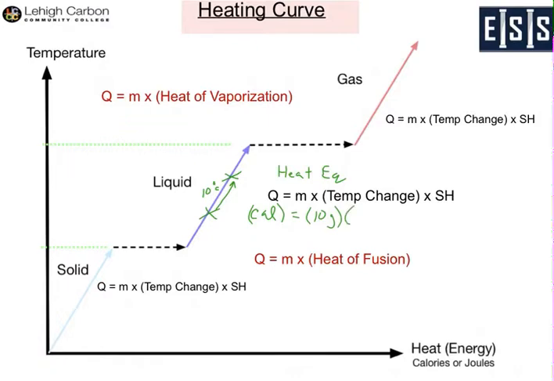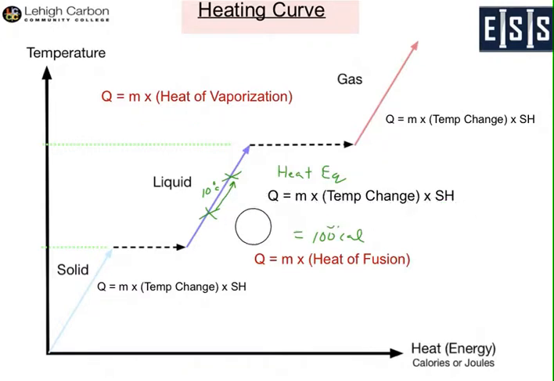The specific heat for water is a factor that you need to memorize: 1 calorie per gram degree C. One of the problems could be how much heat is needed to raise 10 grams of water 10 degrees centigrade. It'd be this equation, 10 times 10 times 1, or 100 calories. So you need 100 calories to raise 10 grams of water 10 degrees centigrade. That's how this heat equation is used.